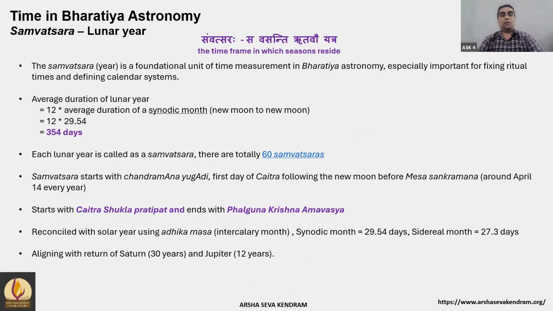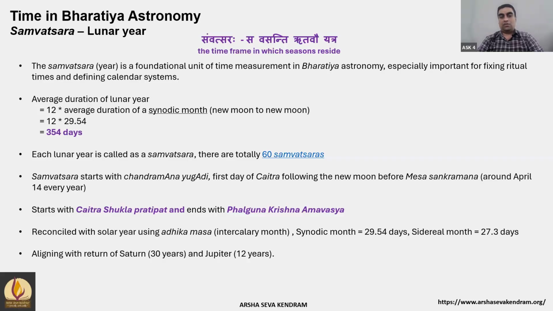We saw that the average duration of a lunar year is 354 days, which comes from 12 months into the average duration of a synodic month. The synodic month is defined as the time from one new moon to another new moon, 29.5 days, giving 354 days.